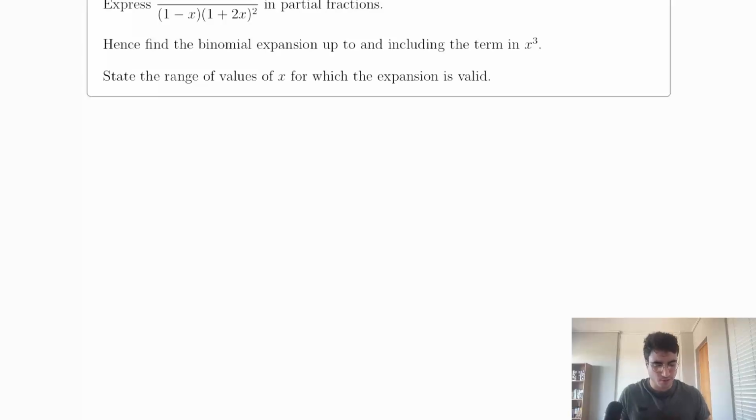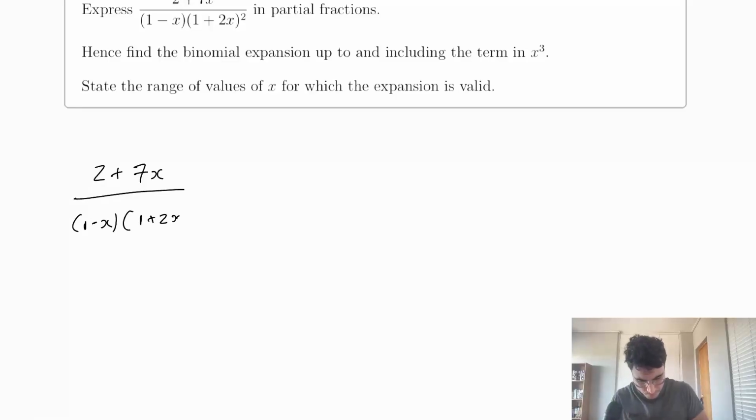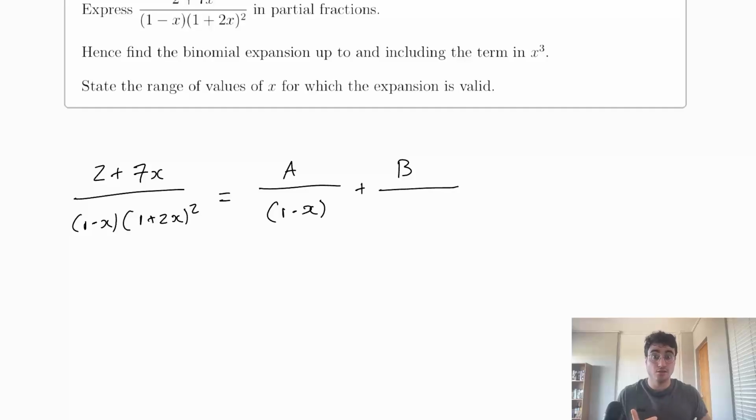So, first thing I'm going to say is, look, 2 plus 7x over 1 minus x, 1 plus 2x squared. What does that actually equal? What that equals is A over 1 minus x, plus B, okay, that's going to be over 1 plus 2x.